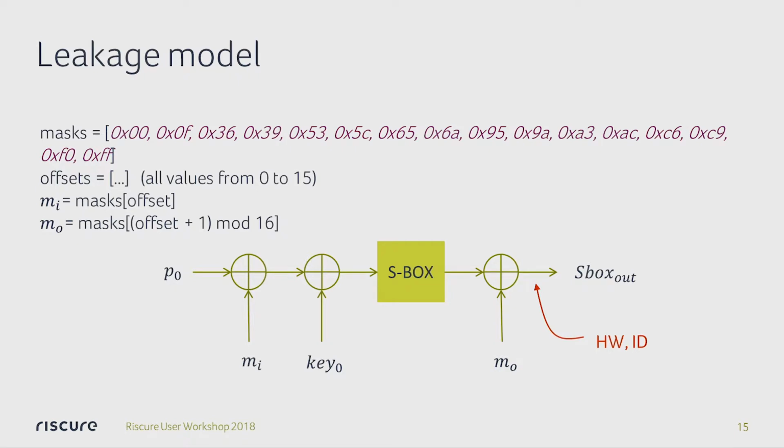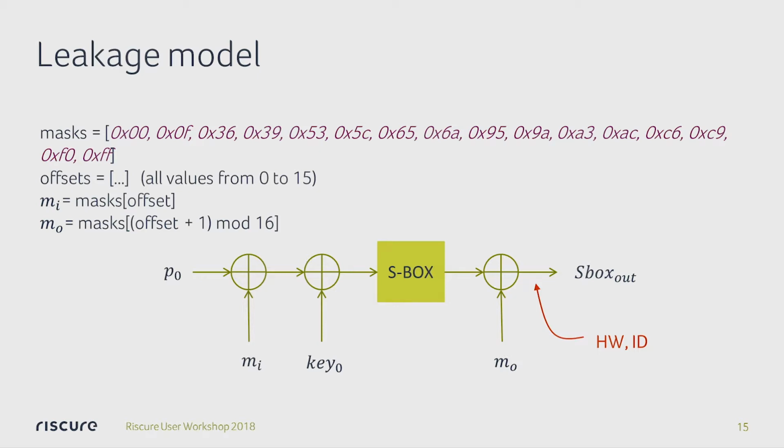In this target specifically, this is how it is constructed. They have fixed masks in the implementation, an array of 16 bytes. For every trace, they implement a random offset ranging from 0 to 15. Two different masks are selected from this array.